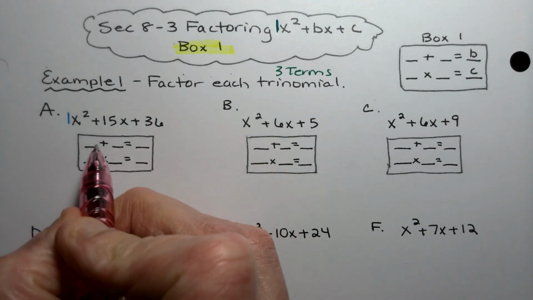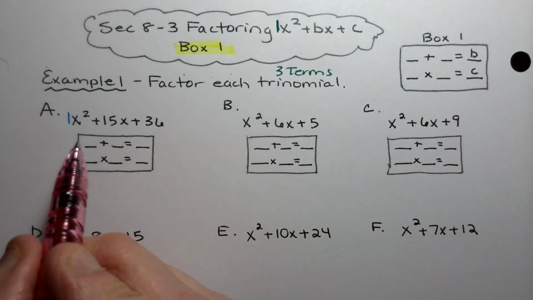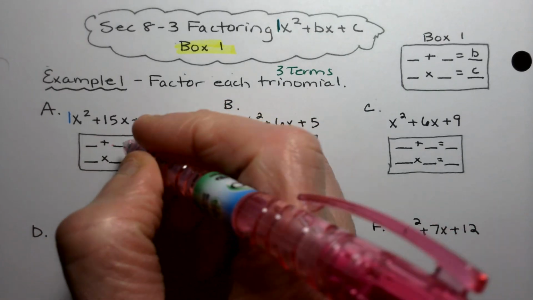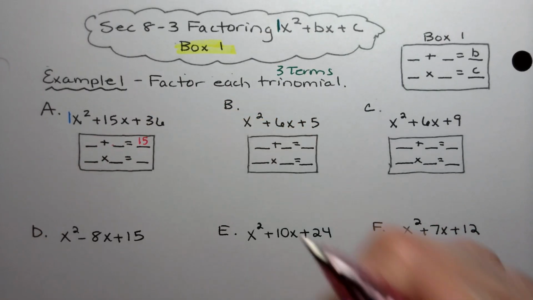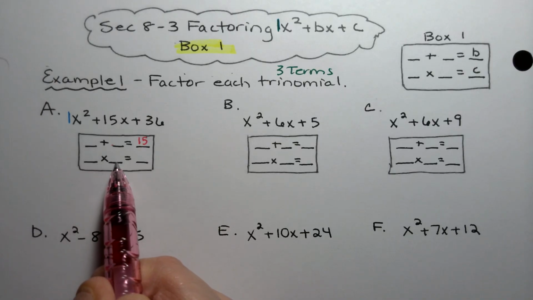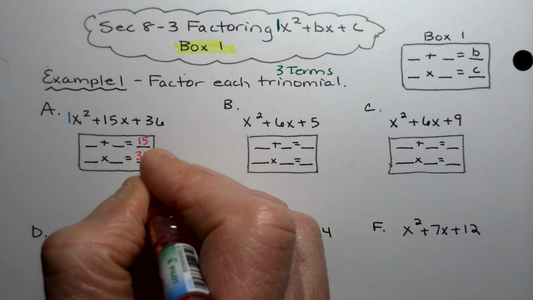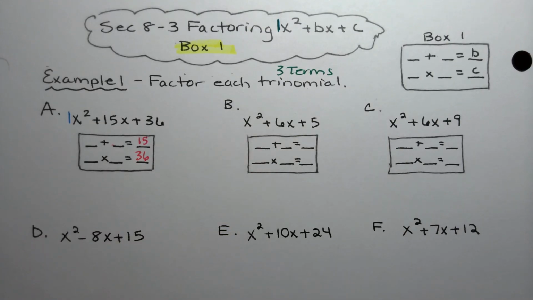So, we are looking for 2 numbers that add to give you, which one is it? The number before the x, so 15. So you're going to write a 15 in there. And those same 2 numbers have to multiply to give you 36. So we have to think of multiples of 36.